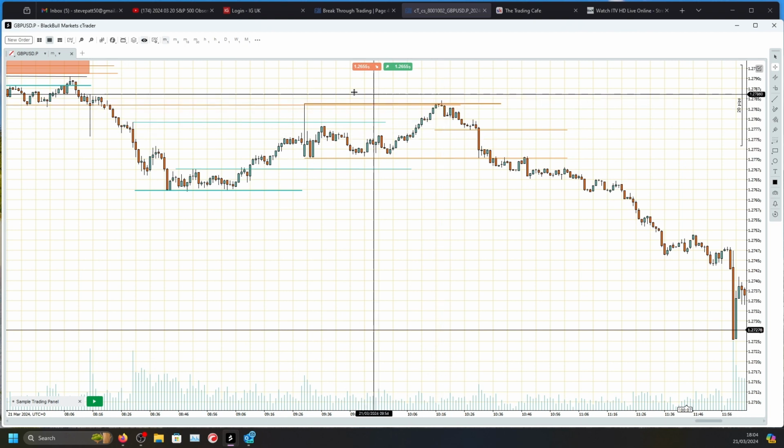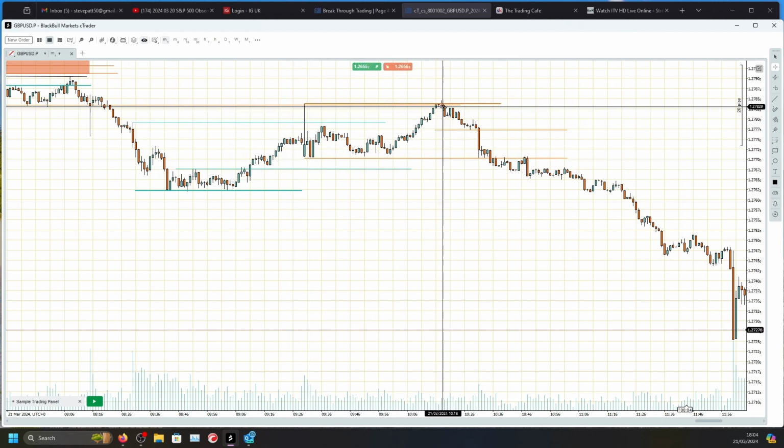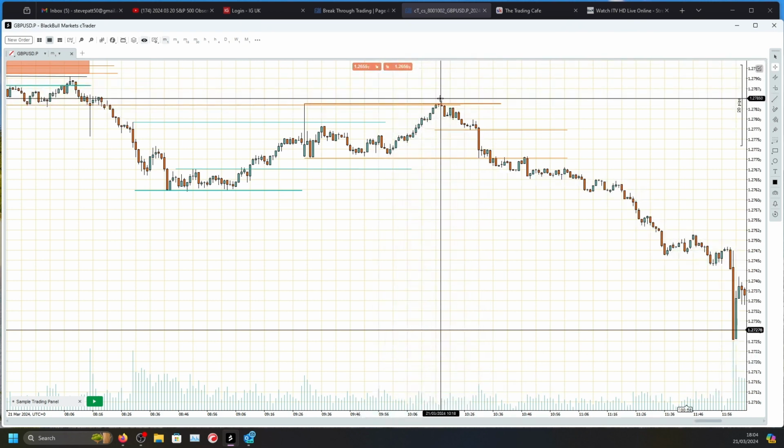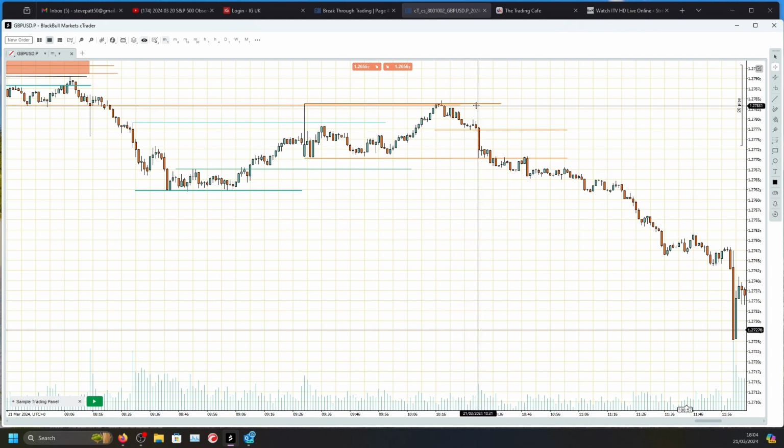But then at this point price could have come back here and just kept going and going. Then it would be a different story. But it didn't. Price stopped there and stopped making new highs, and then came back, fell through this level with momentum, fell through this level. So let's see what we've got here.